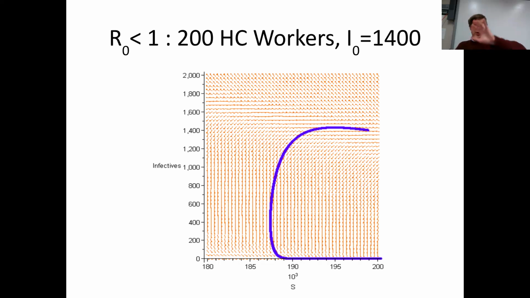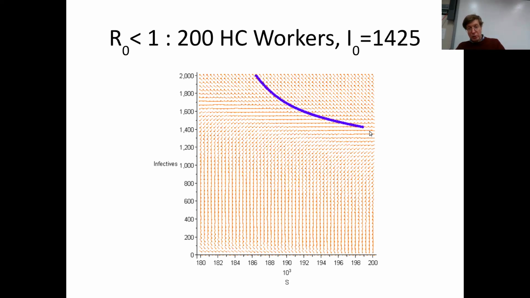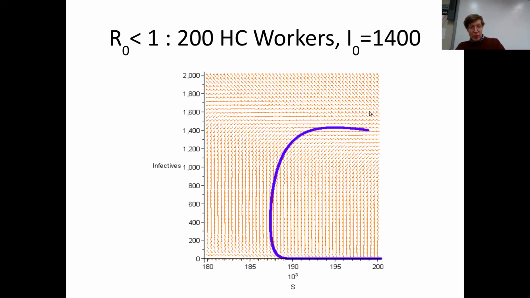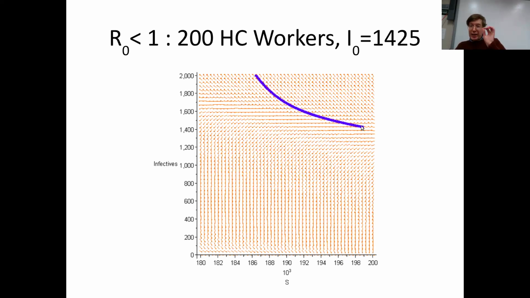If we start here, 1,400 initial infectives, we'll go down, the infection will die out, the health system will be able to control it. But this one, slightly more, will go into a radically different mode of behavior, where it will reach a different equilibrium where the infection will stay endemic, where it will remain in the population. These are called different basins of attraction.